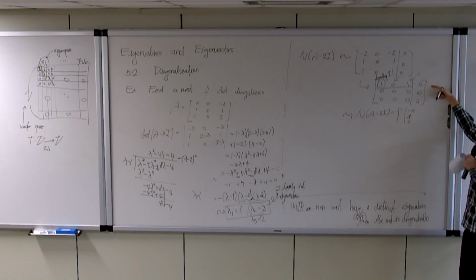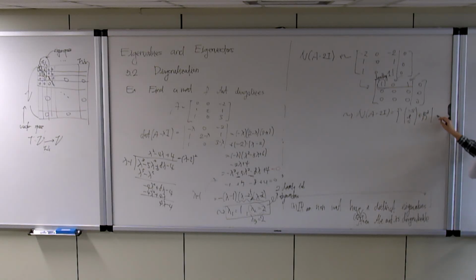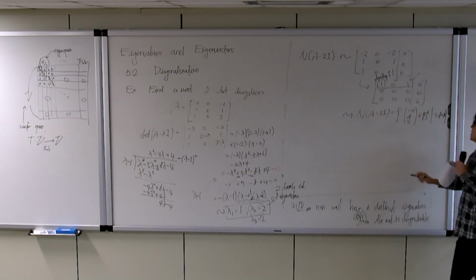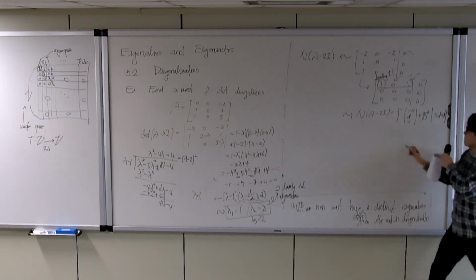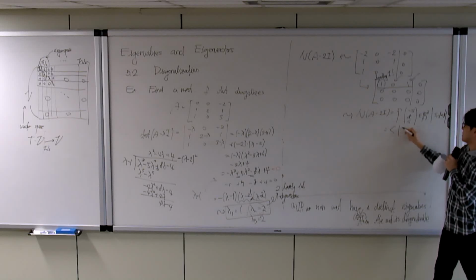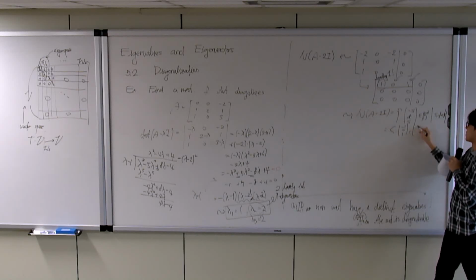That means you have only one free term, so that the null space of A minus I is spanned by the free term t.